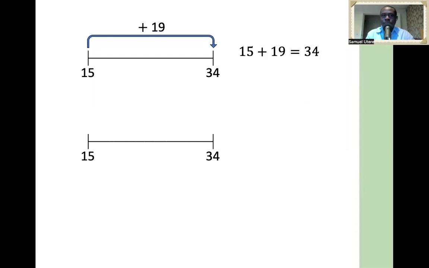What about this one? We know by now how to represent the calculation using a number line. So 15 add 19 is equal to 34. And we can represent the same calculation as 34 subtract 19 is equal to 15.